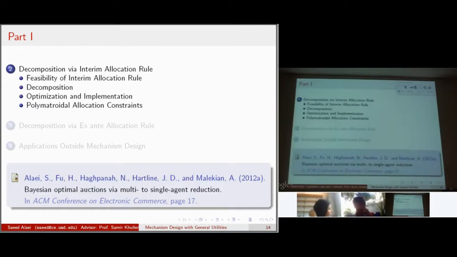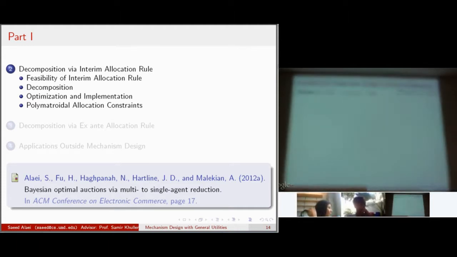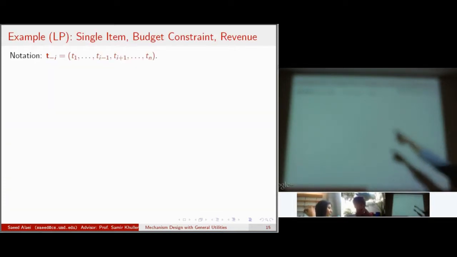The first part is joint work with Lu Fu, Nima Haghpanah, Jason Hartline, and Azarakhsh Malekian. Okay, so we will use this notation for a vector of types. We will write types subscripted by minus i to denote the vector that results from removing index i. Basically, we have removed t_i from this vector.